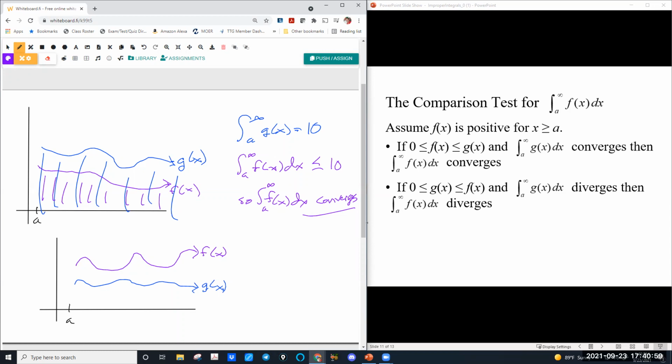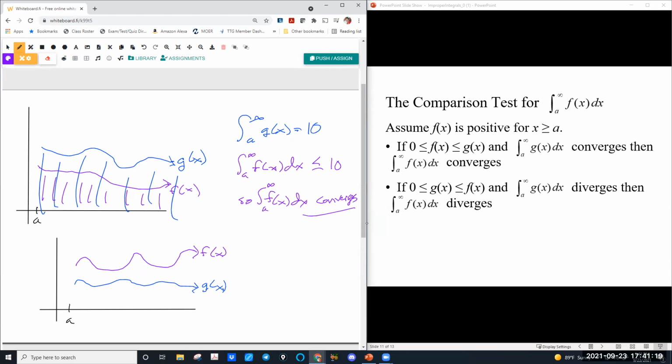Basically what this is saying is, hey, we've got an infinite amount of area under g, something we can't calculate, it didn't converge, and f is bigger. So if this is already infinite and f is bigger, it must also be infinite. So if g diverges, then f diverges.